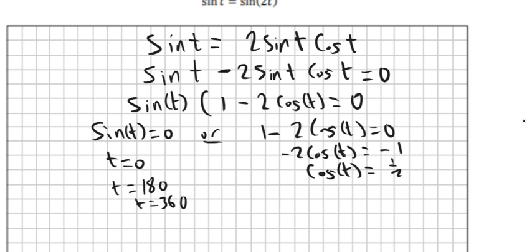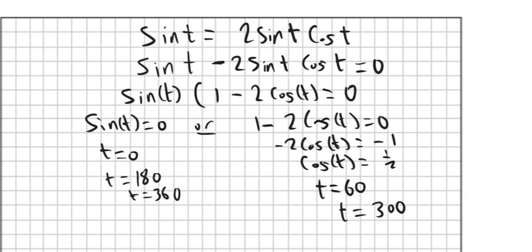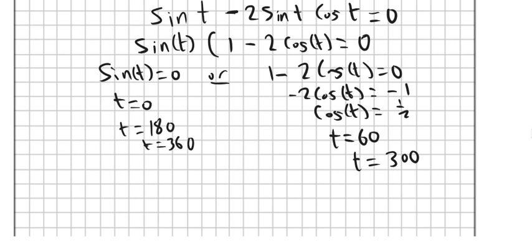The other one, so if we do inverse, we just get 60, and it can also be 300 there. So you end up getting 5 different values there, so they're all between 0 and 360, so they all satisfy the equation. So that's it for part C.